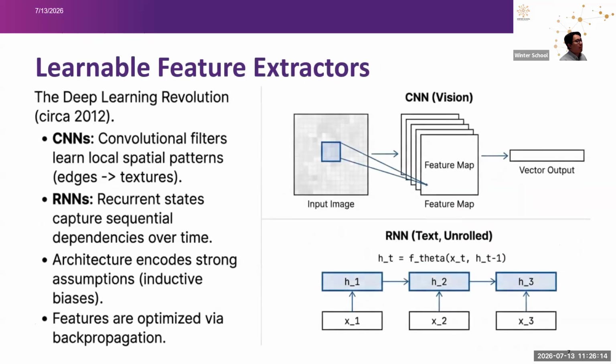So remember, we have images and those different types of data, and we have different assumptions about the data. So for different types of data, we have different neural network architectures. For image data, we have a pretty gentle assumption: one pixel value is close to its neighbor.